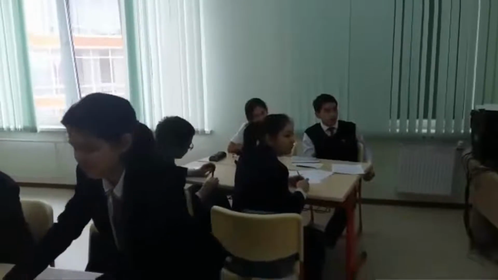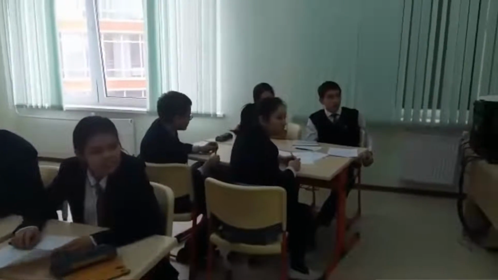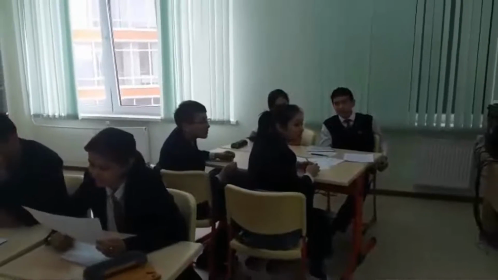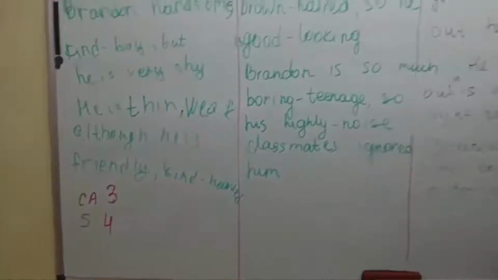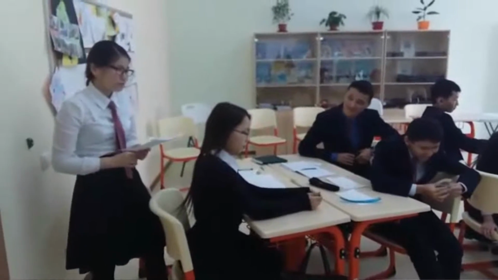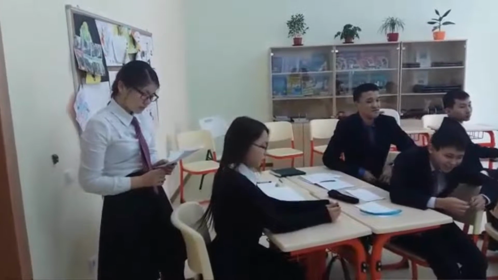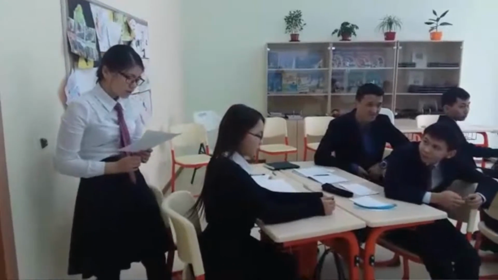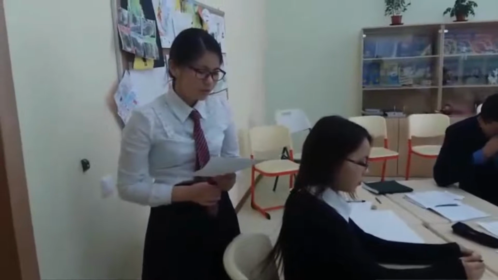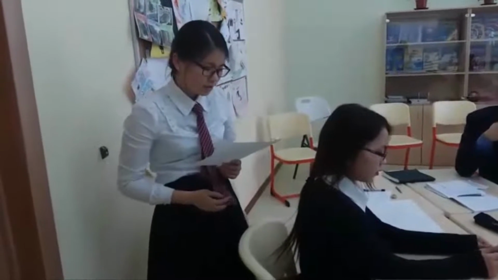For compounding, just 3 months. Yes. My apologies. Okay. This group, what did you give for compound adjectives? We give 3 points for compound adjective. Why? Because they use compound adjectives to write descriptions of characters.